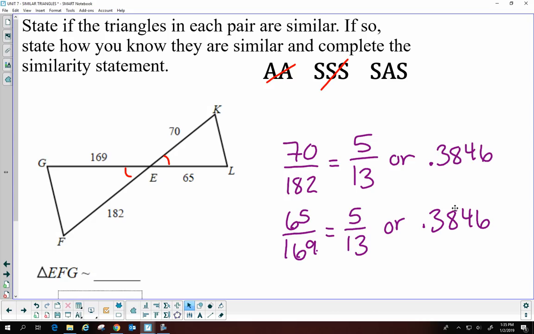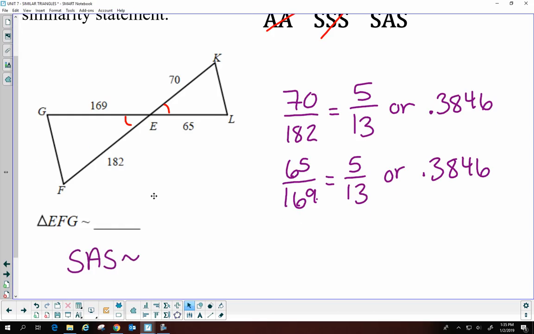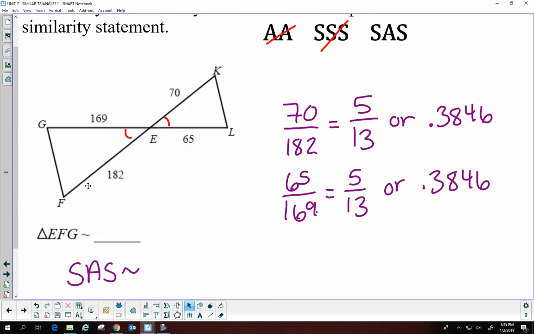And so that means those two pairs of sides are in proportion, and we have side, angle, side. And so since we called this EFG, we're going to call the other one EKL. EF and EK were both the bigger sides in these triangles, so EF and EK correspond in the names.